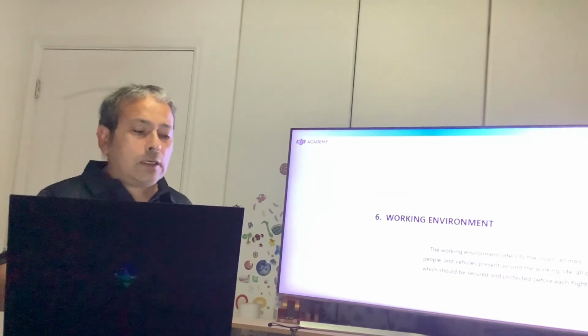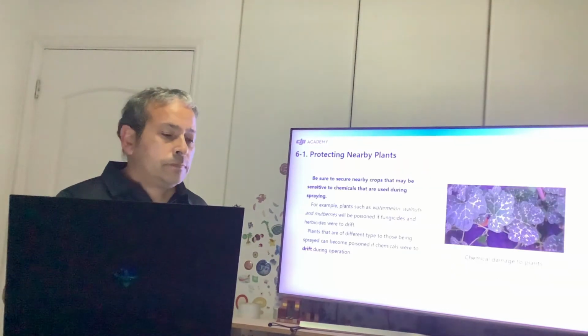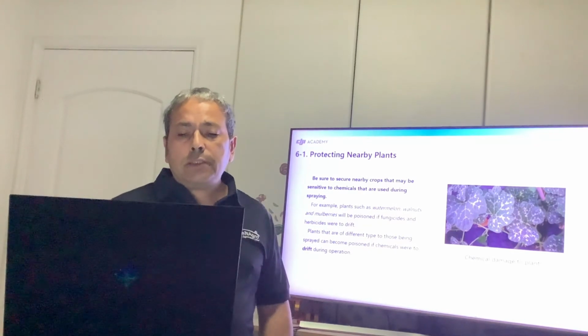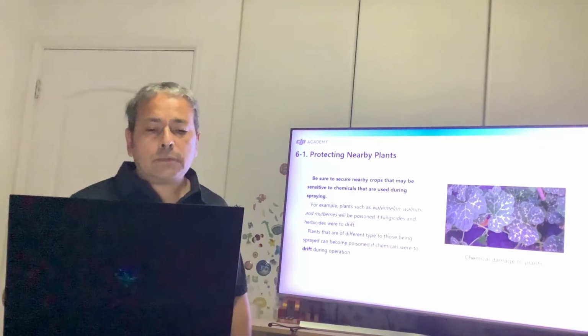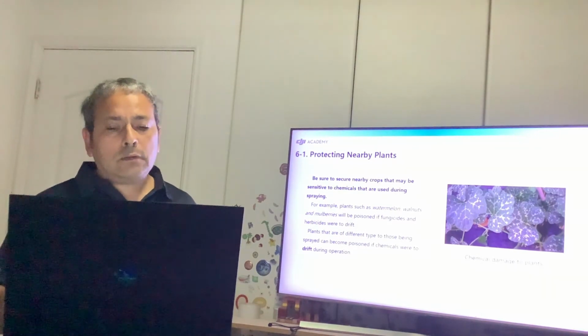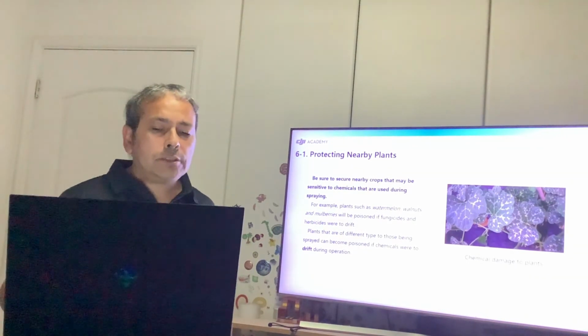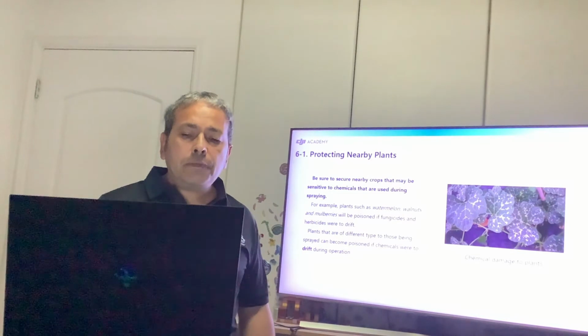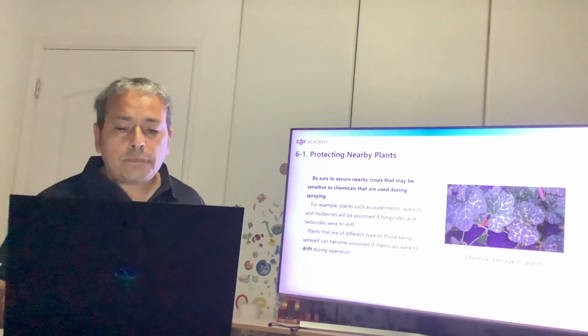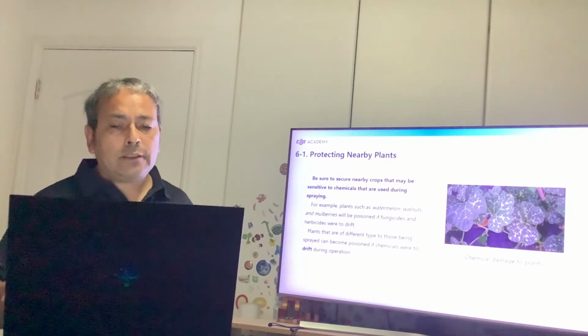The next is the working environment. We know when we spray the pesticide there is a kind of drift. Sometimes there is a strong wind and the drift will be obvious. So we suggest that we observe nearby plants and prevent other plants from being sprayed.